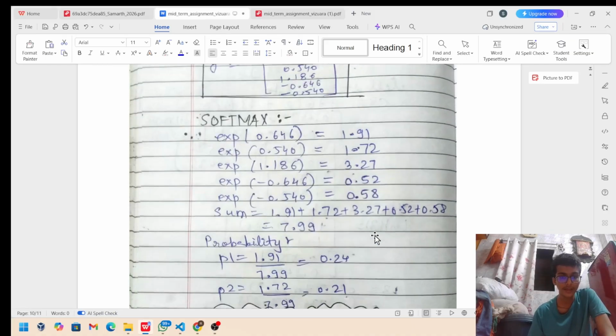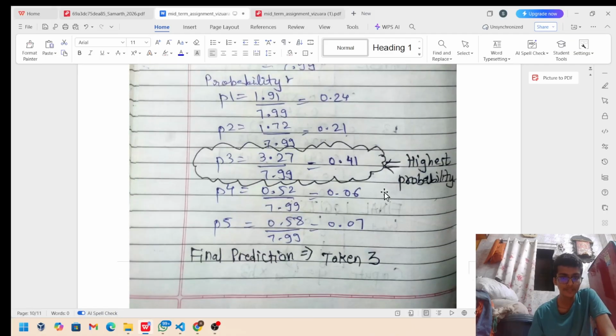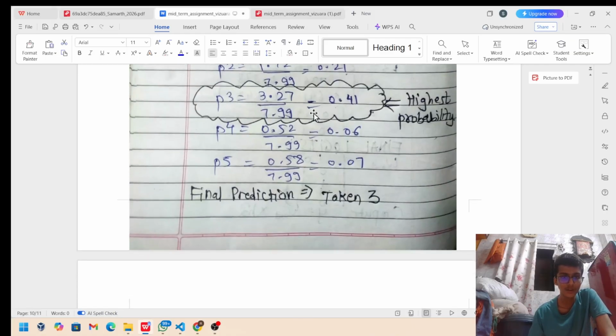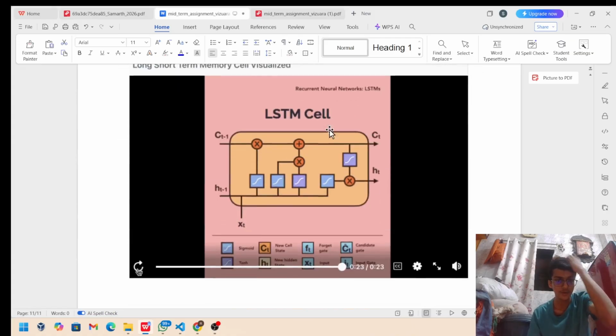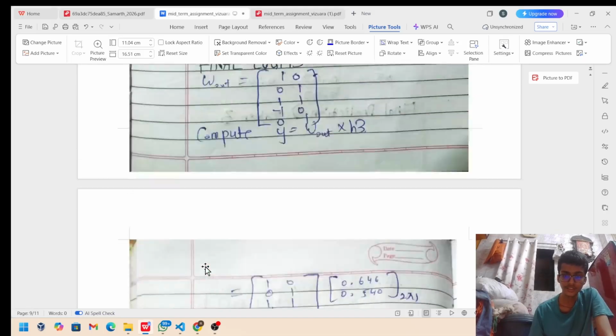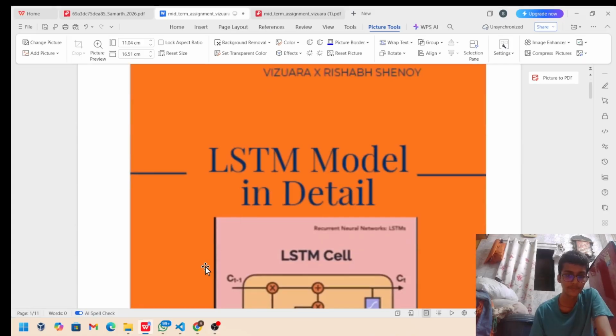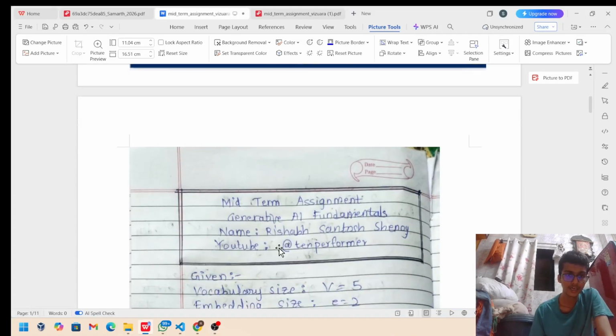Using its sum and finding the probability, the highest probability we got is on the third vocabulary token. So we can easily say that the predicted next token is the one with the highest probability, so that is token T. So this is how the LSTM network works, and this is how it is expected.